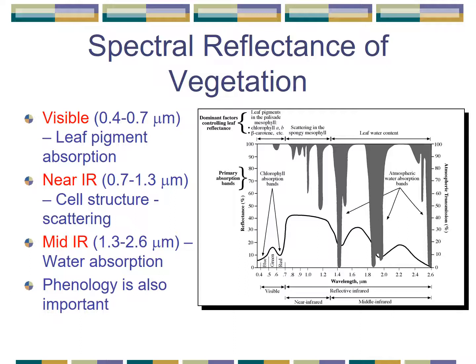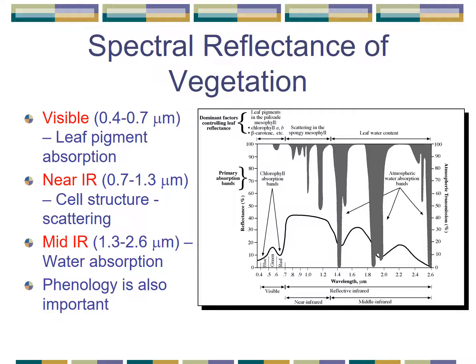When we get to the near infrared, that's where the cellular structure scatters the energy. That's why things that have needles versus things that have broad leaves have a very different response in this region. Not a tiny difference, a significant enough difference that it makes it easy to identify which type of structure we're talking about. When we get to the mid-infrared range, that's where we start getting into those water absorption bands at 1.3 and 2.6.